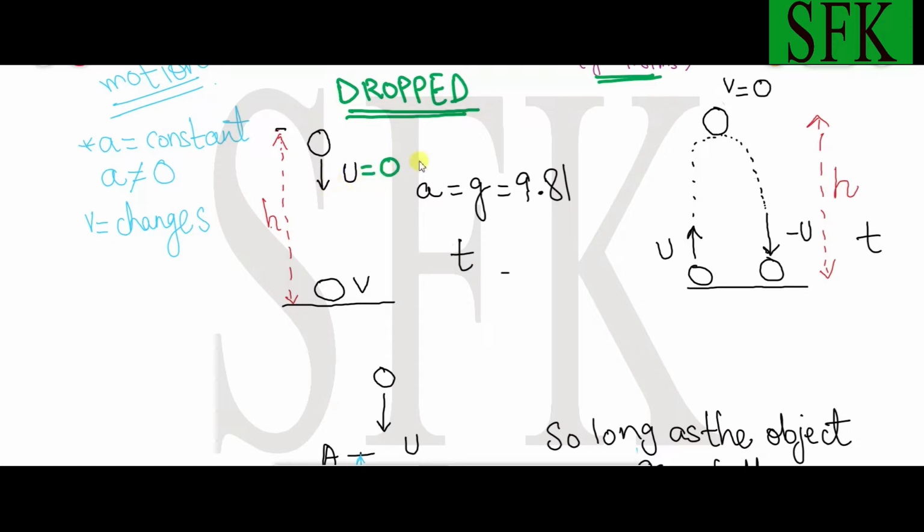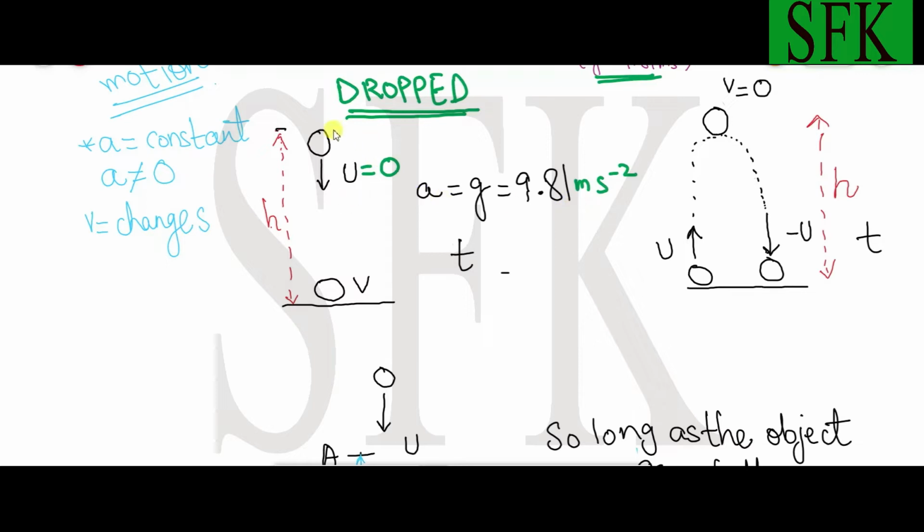Since we are assuming that this ball is falling on the Earth's surface, acceleration has a value equal to 9.81 meters per second squared, which is the acceleration of free fall of Earth.